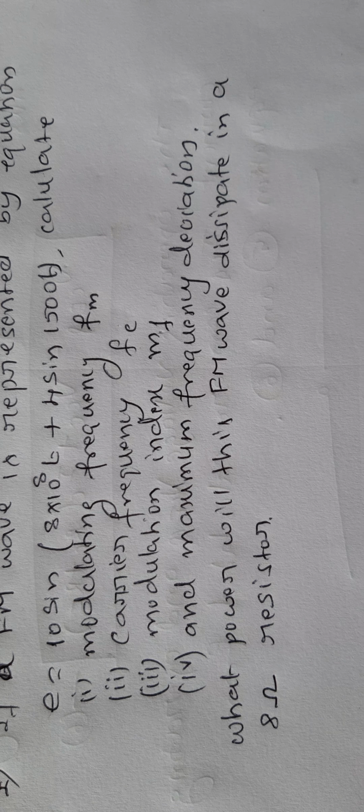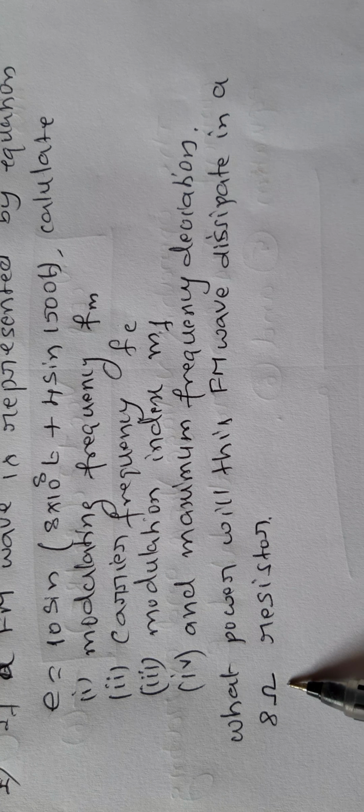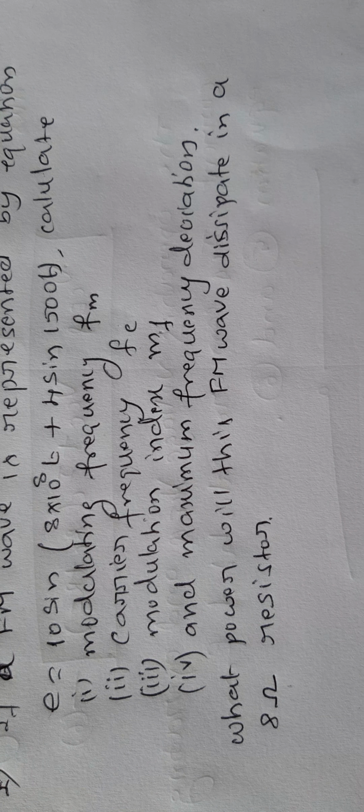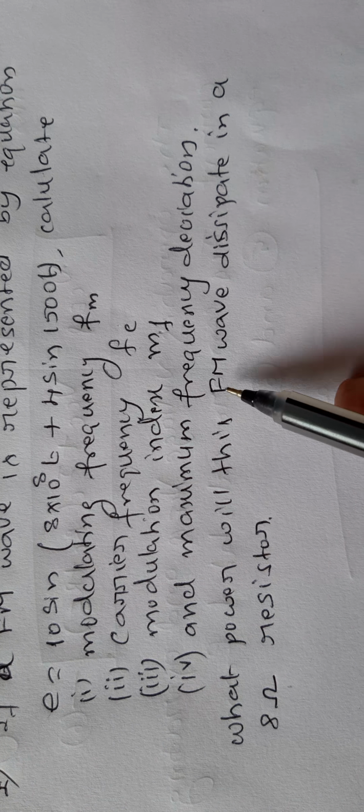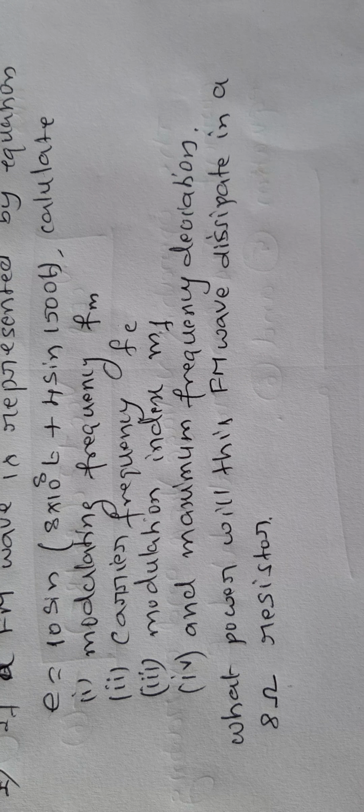To do so, the FM wave generated is applied to an antenna, where it radiates the signal into space as electromagnetic radiation. It is given that the antenna resistance is 8 ohm. Therefore, what is the power radiated by the antenna when the FM wave is applied to it? All these you have to calculate.